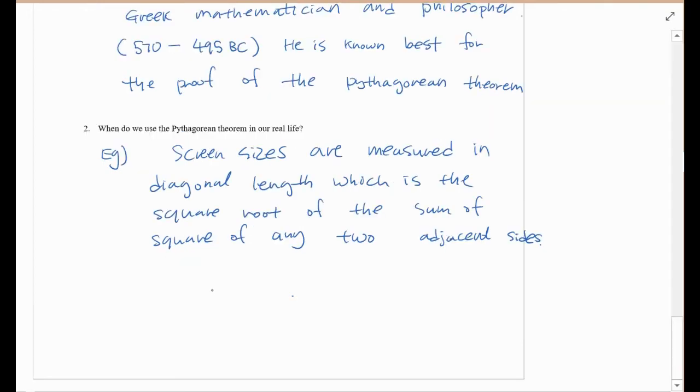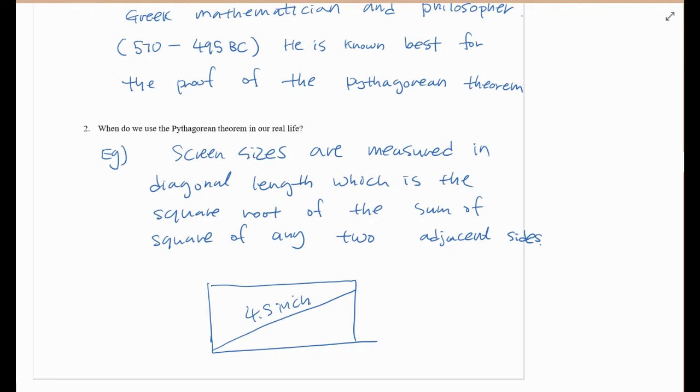So when we say my phone is 4.5 inches, it means that the diagonal length is 4.5 inches. We use diagonal length when we measure smartphone screens or computer screens or whatever.